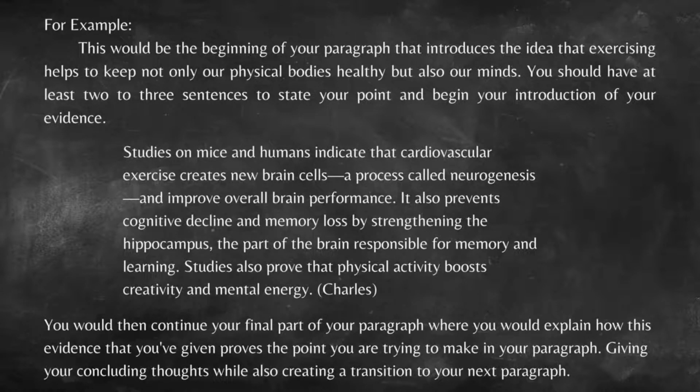So for example, you would introduce your topic and start explaining your piece of evidence. Then you would give your indentation. So notice the indentation in the middle of your paragraph here before eventually giving your explanation that shows how your piece of evidence relates to your point and eventually your thesis as well, and then transitioning to your next argument.